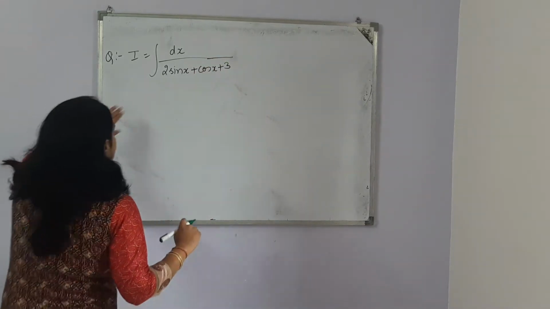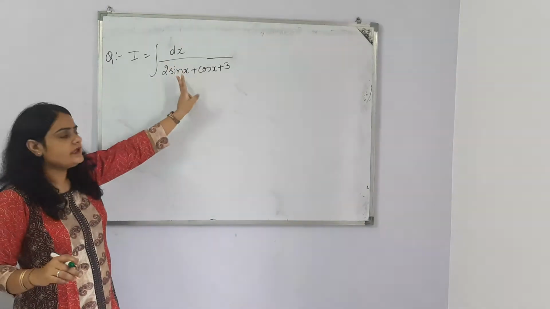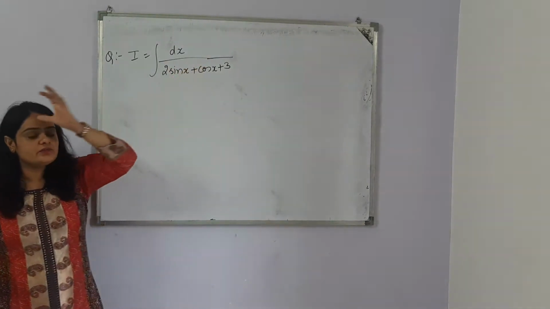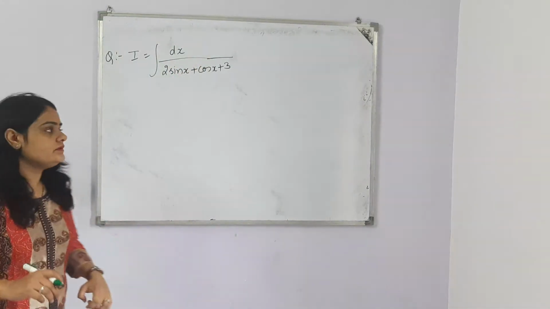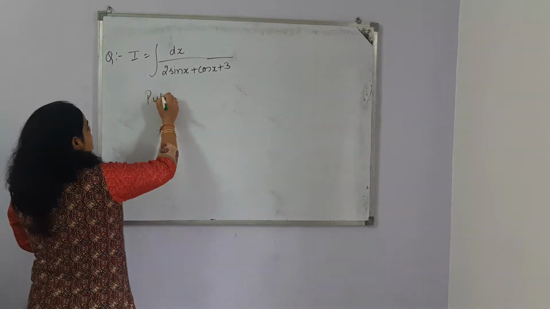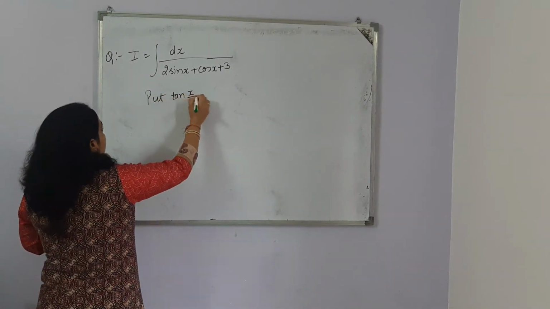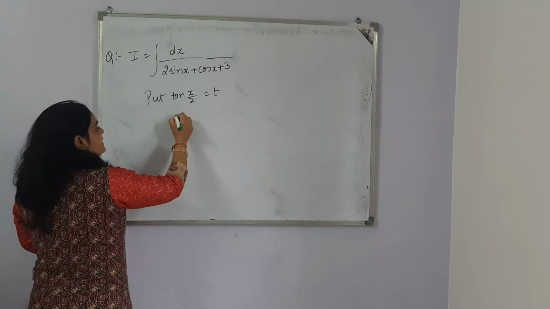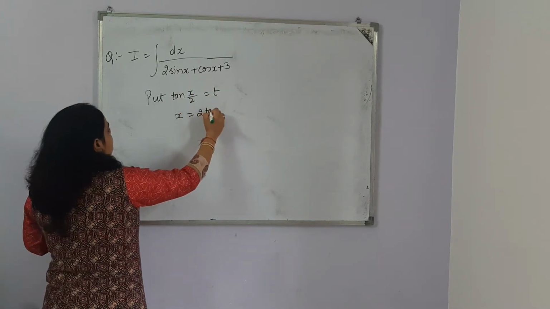Now again it is in the form of 1 upon a sin x plus b cos x plus c. Now again we'll substitute tan x by 2 is equals to t, and after that x is equals to 2 tan inverse t.